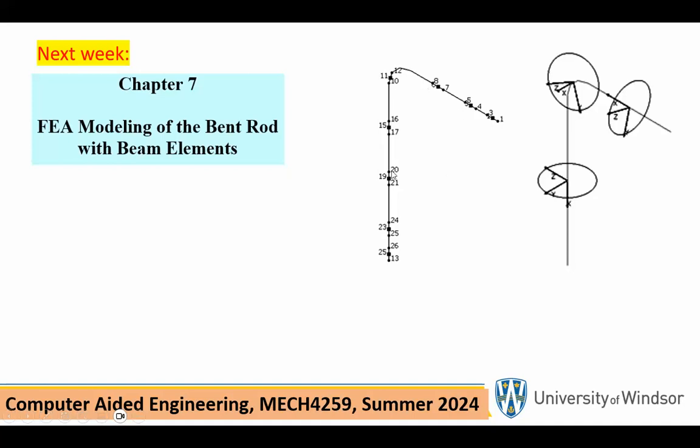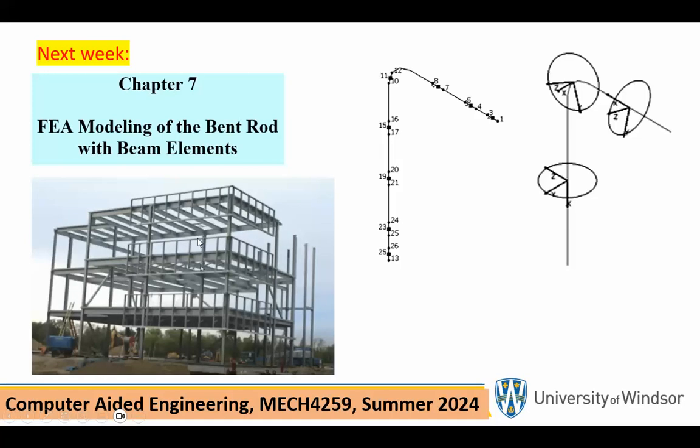The elements there are just one-dimensional elements. For example, it's impossible to do a problem like that with solid elements, the whole frame as a solid structure. So beam elements are useful for things of this type, or slender members basically, and they are widely used by civil engineers in structural analysis.